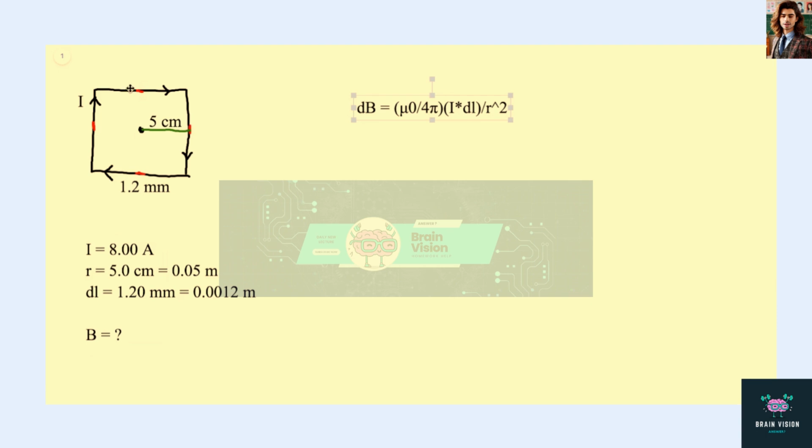Remember, we have 4 of them, and because of the symmetry, all we have to do is multiply this entire expression by 4 to get the total magnetic field. When we do that, we get that B is equal to 2.88 times 10 to the minus 6 Tesla. And again, the magnetic field is pointing into the page.